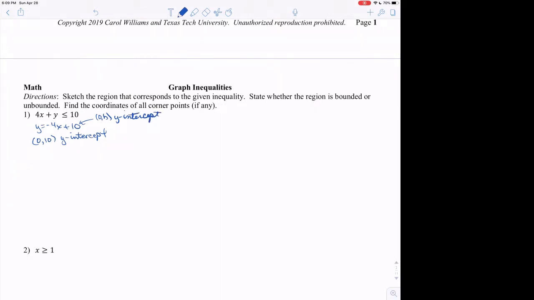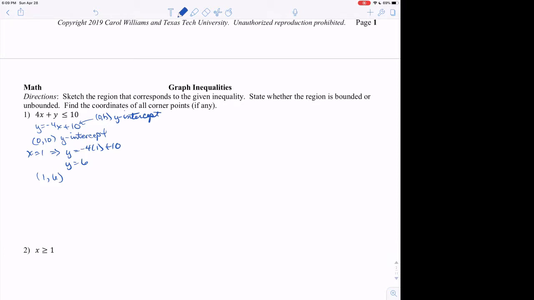Then you need to find a second point that is on this line. We're going to let x equal 1. Then we have y equals minus 4 times 1 plus 10, so y equals 6, and we have the point 1, 6.